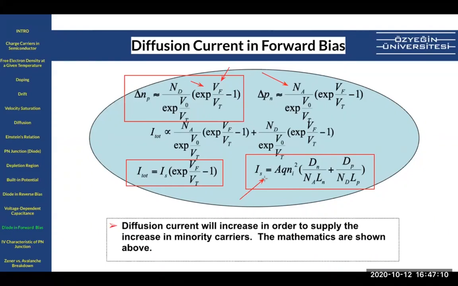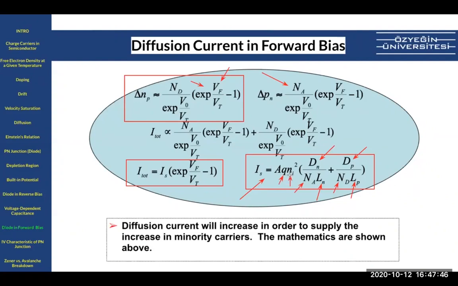And this IS, the saturation current, is actually the characteristic of that diode. Why is it a characteristic? Because it entirely depends on that semiconductor. How does it entirely depend on that semiconductor? Well, DN is constant for that semiconductor. DP is constant for that semiconductor. The depletion region, Ln and Lp, they are fixed, and NA and ND, the acceptors and the donors, are constant, and this is Q, a fixed number.